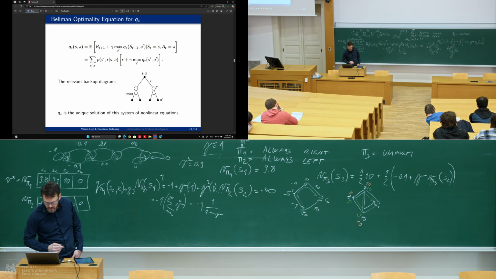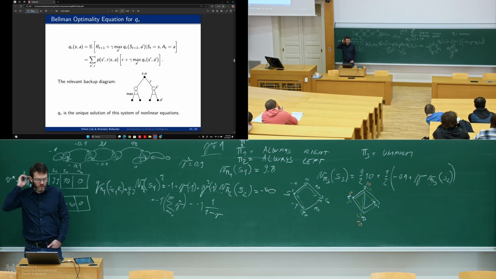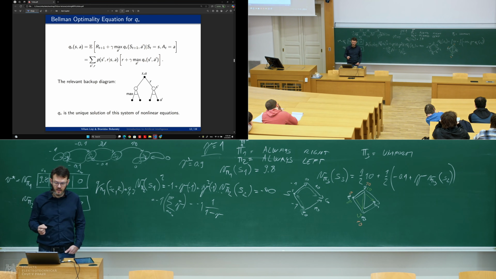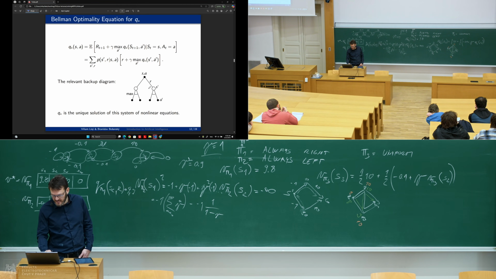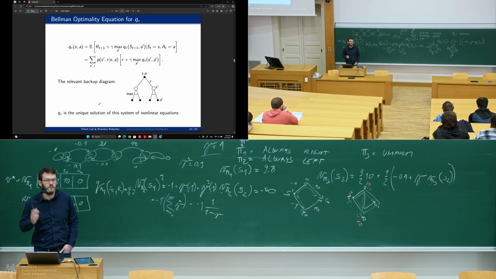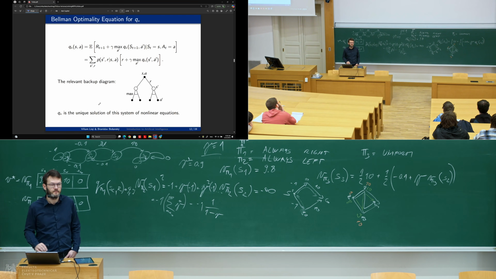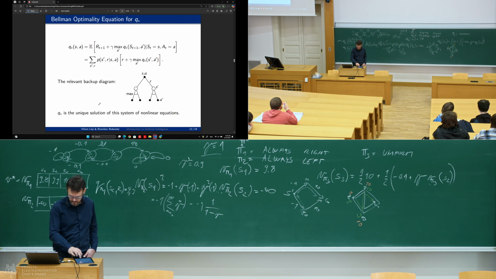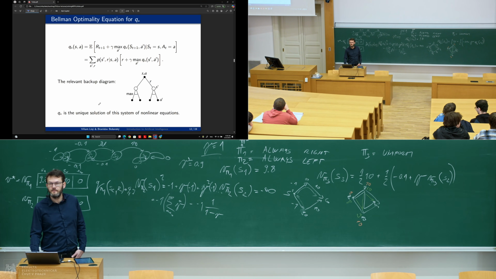And again, it's a system of nonlinear equations. It corresponds to this diagram, so you take the expectation over the outcomes, and then you take the max over the following actions. And if you can solve this, you are done. You have solved the MDP. Questions?